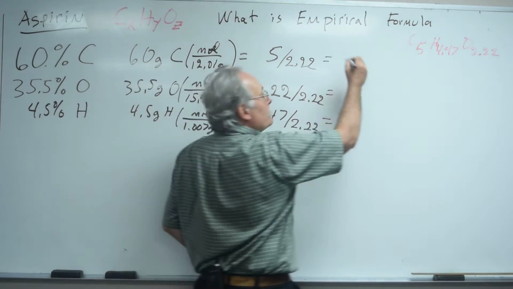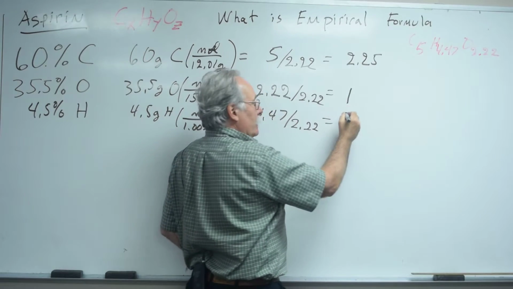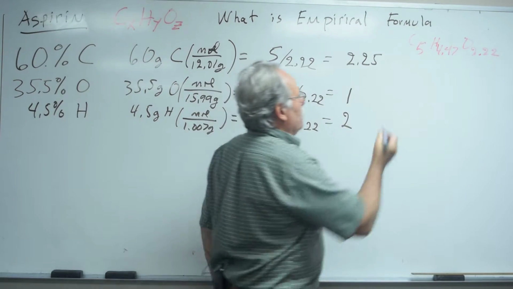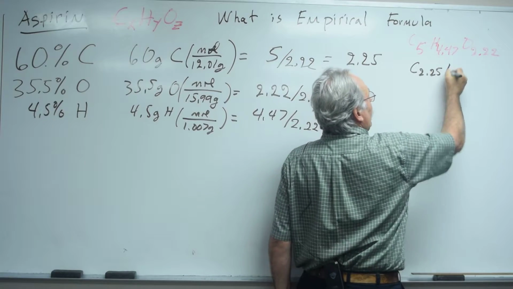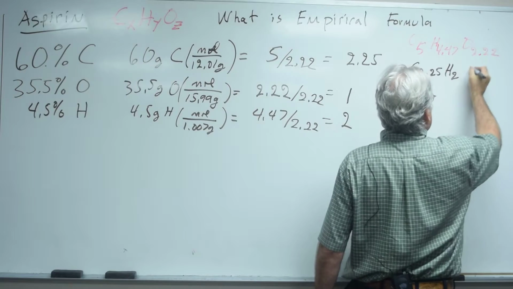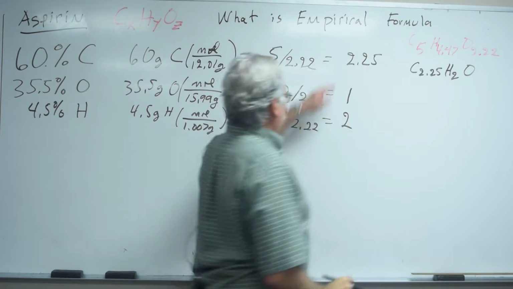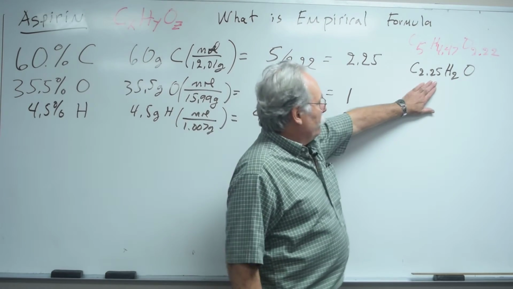So this becomes 2.25, and this becomes 2. Now I have a formula C2.25 H2 O. This is still not the correct formula because this is a fraction.